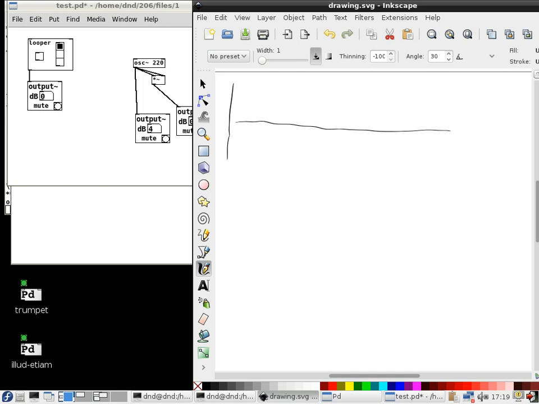Here's a function which is a function of time or of sample number. All right. Okay.